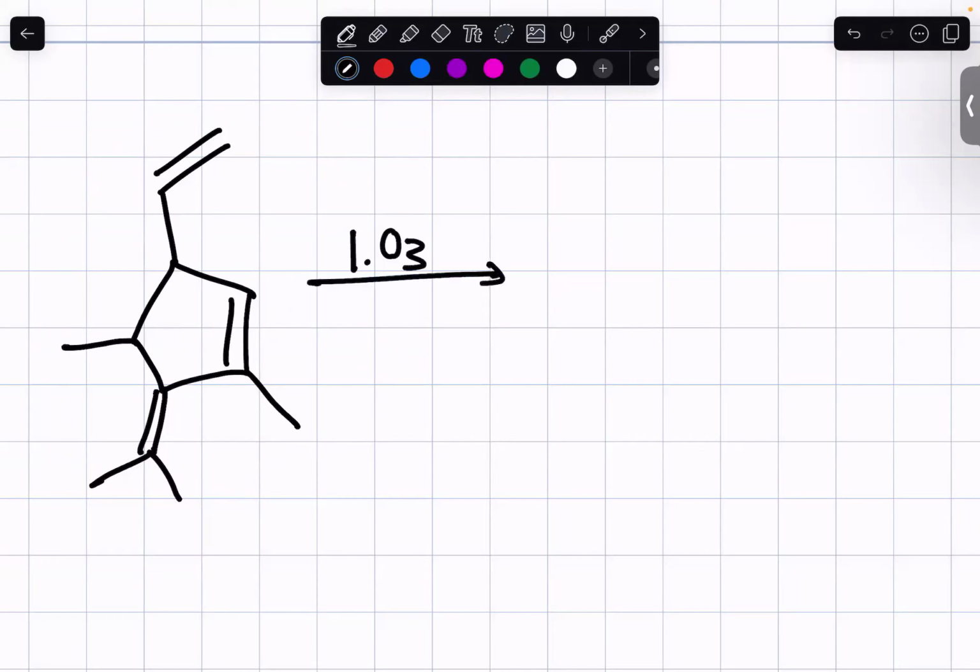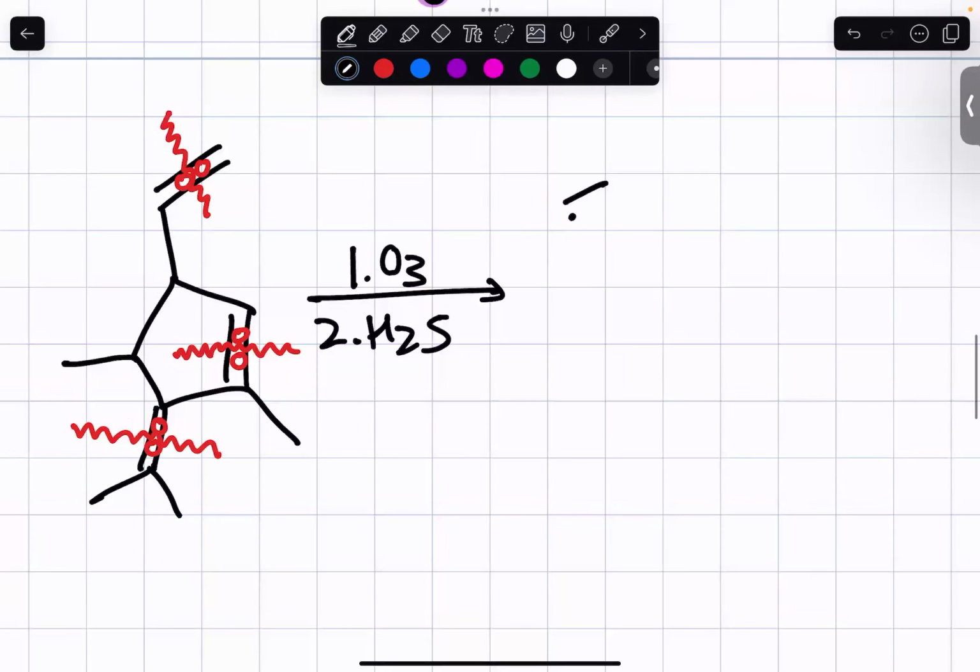This ozonolysis here will cut all of the double bonds in half. So imagine we get our scissors, we cut this double bond in half, put oxygens in the middle like that, cut the double bond in half, put oxygens in the middle like that, cut that in half, put the oxygens in the middle like that. These are our products right here.